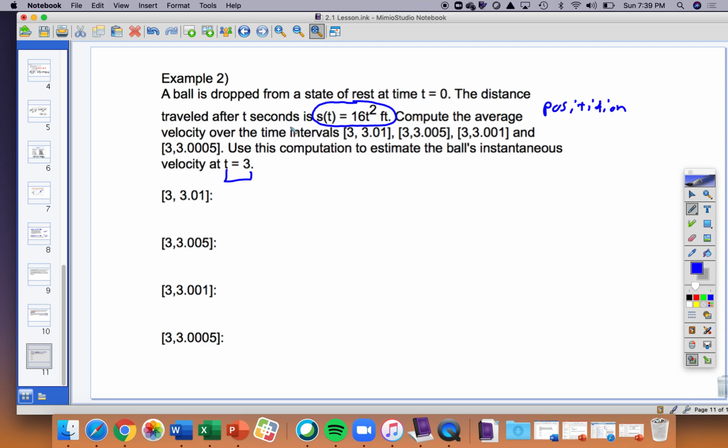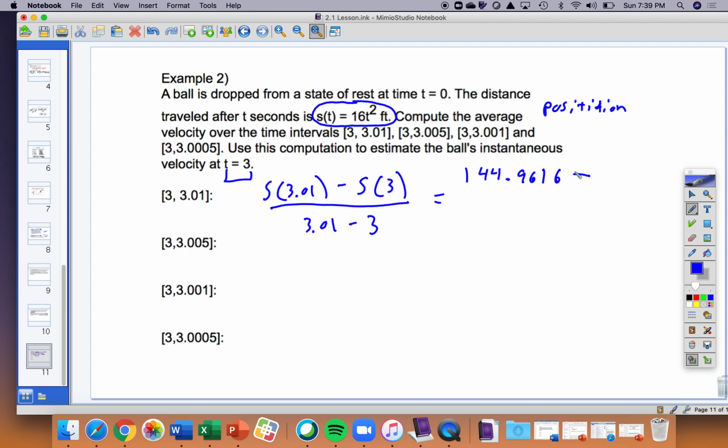Again, average velocity is change in y over change in x, or change in position over change in time. So we're going to do s of 3.01 minus s of 3 divided by 3.01 minus 3. So I'm going to pull out my handy dandy calculator and plug in some values. Here I get 144.9616 minus 144 divided by 0.01.